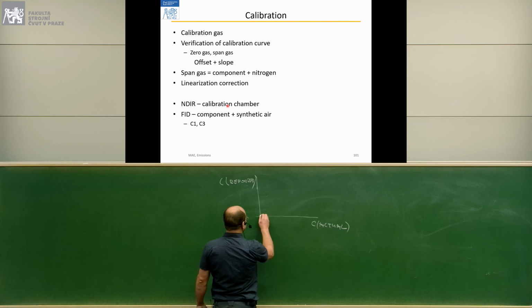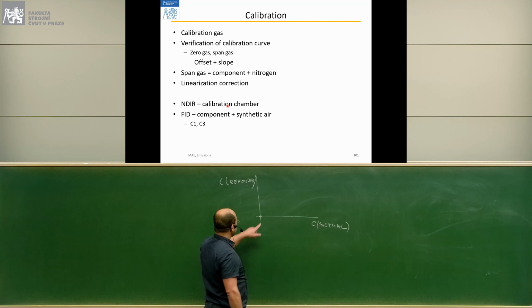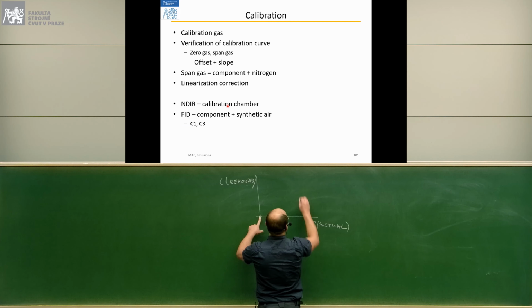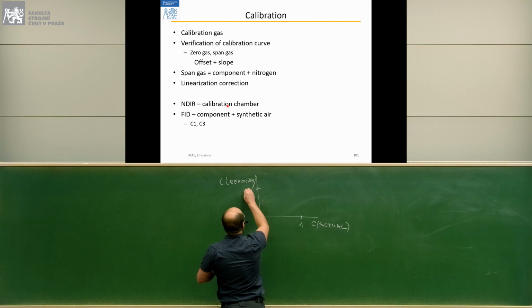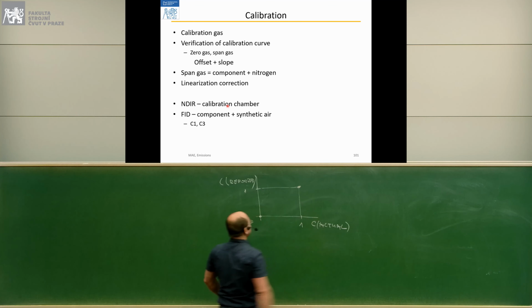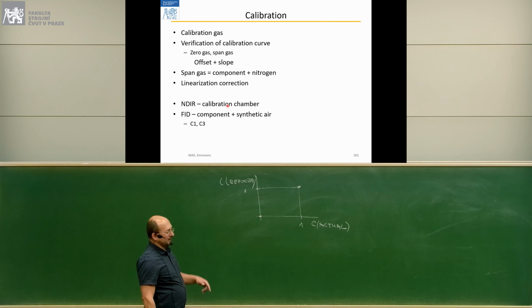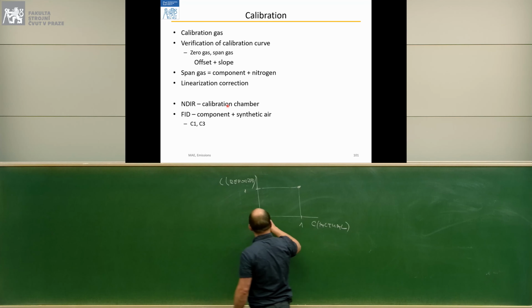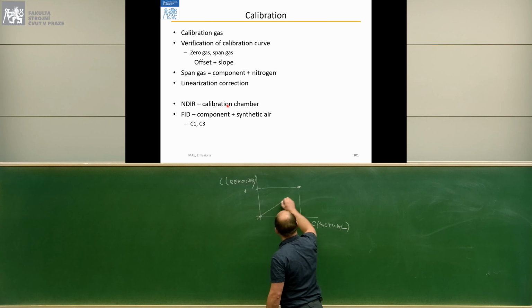So ideally, when you measure 0, the instrument shows 0, and when you measure, let's say, 1, the instrument should measure 1. And the response is linear.